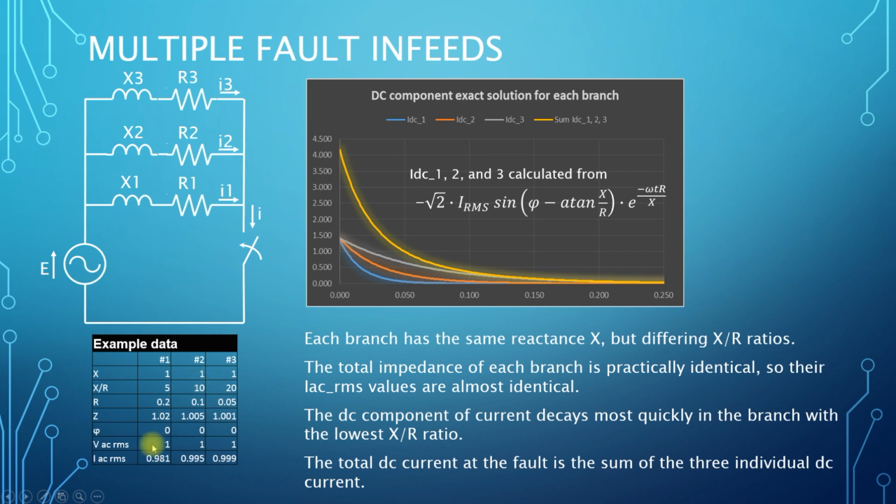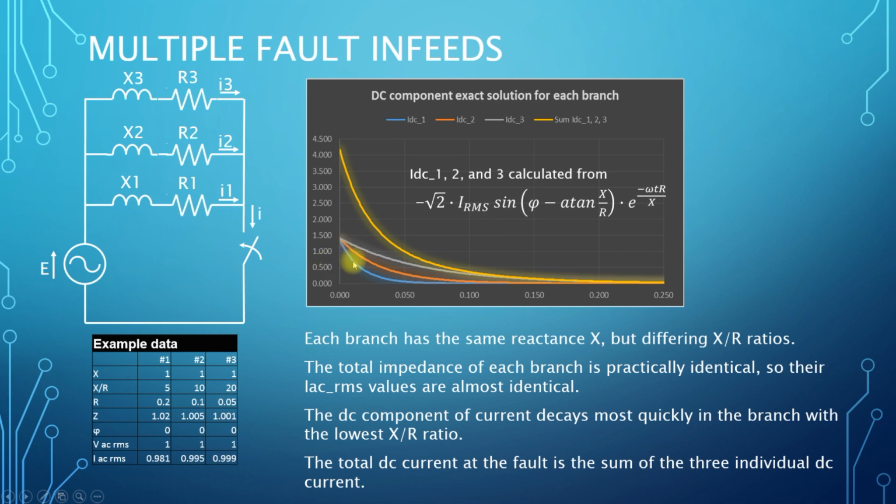So we now have all the data that we need to substitute into our equation for the DC component of current in a single branch. And we can do that for branch 1, 2 and 3.